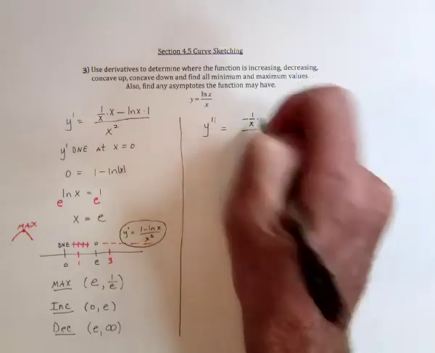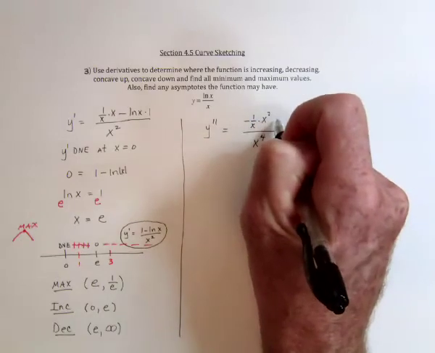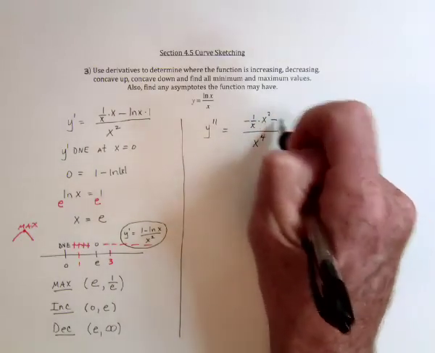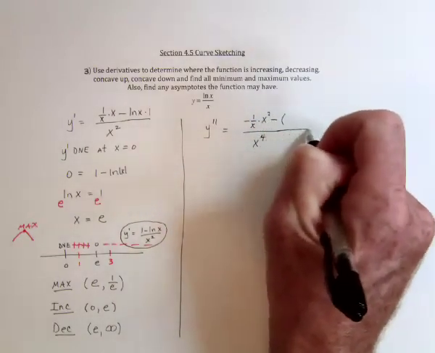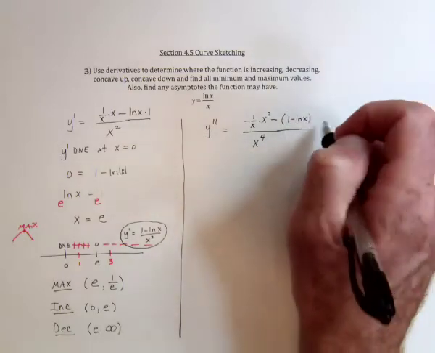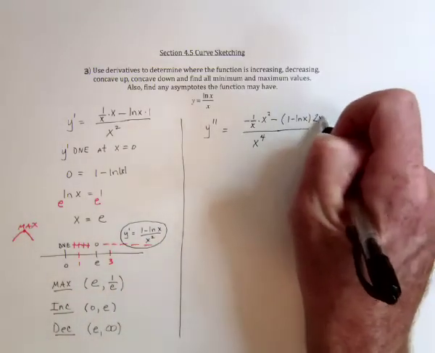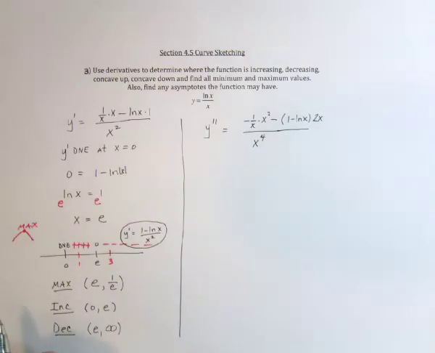So there's the derivative of the numerator. And then the denominator is x squared. Next, it's going to be minus, leave the numerator alone, 1 minus the natural log of x, and then gets multiplied with the derivative of x squared.